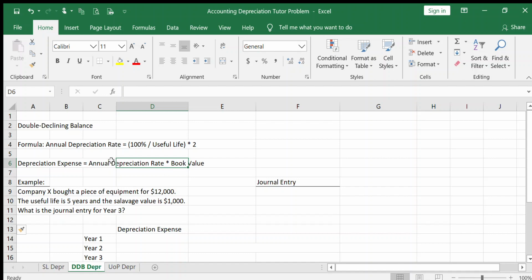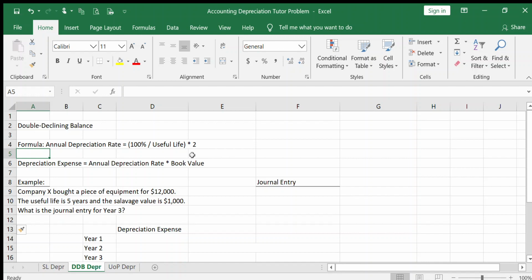So the first thing we'll look at is our formula. The first part of the formula is our annual depreciation rate. That simply is 100% divided by useful life, and then whatever that is, we multiply it by 2. That's why it's double declining balance.